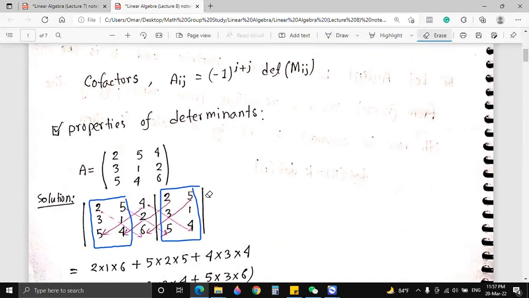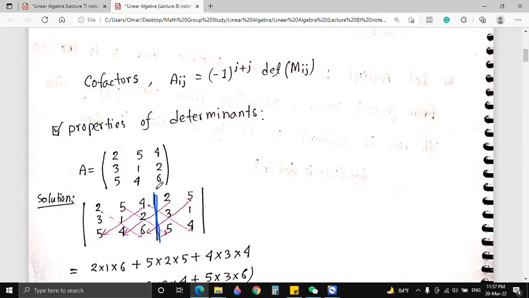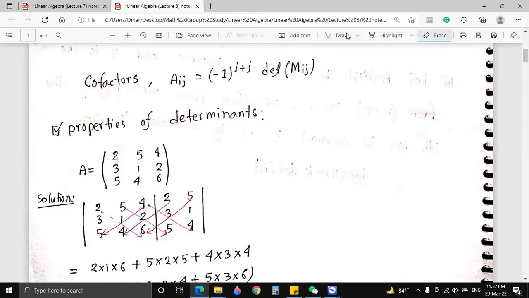Before copying, we need to draw a vertical line, before copying this first and second column.